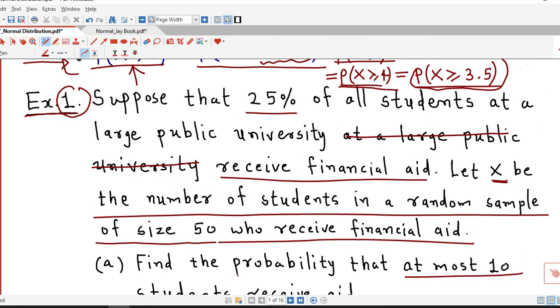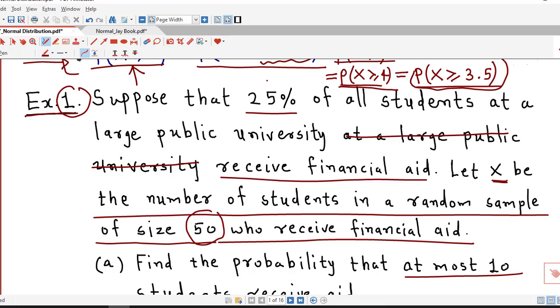So here capital X is given to be the number of students in a random sample of size 50 who receive financial aid. So we have given this sample of 50 students, and for each student there are only 2 possibilities: either the particular student receives financial aid or that student does not receive financial aid.